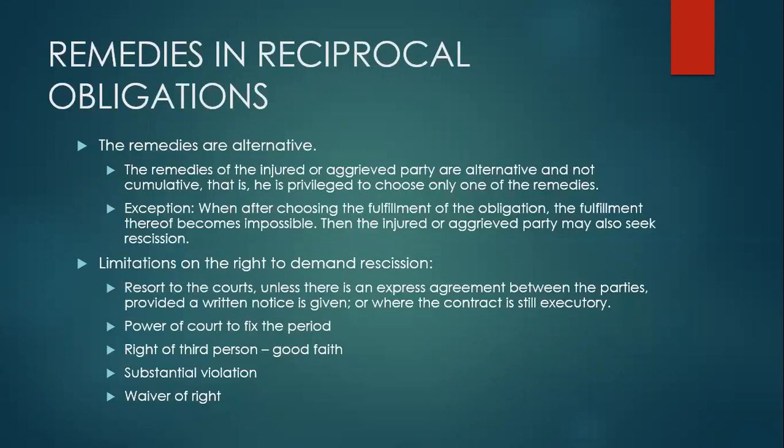Third, right of third person. If the thing subject matter of the obligation is in the hands of a third person who acted in good faith, rescission is not available as a remedy.